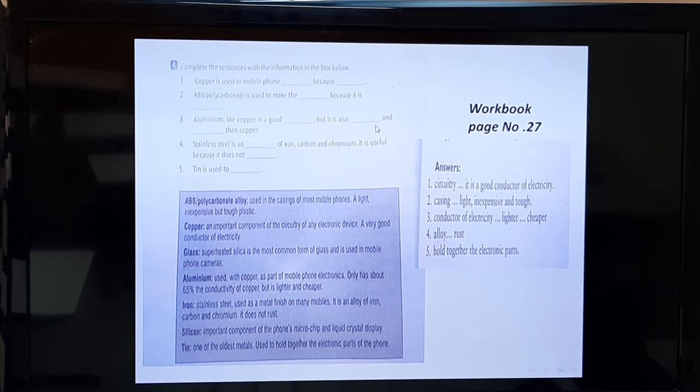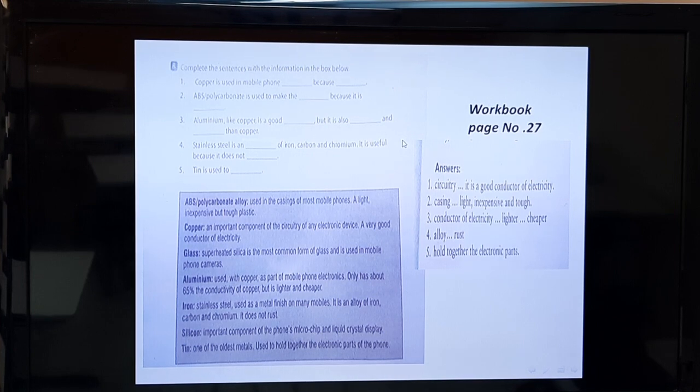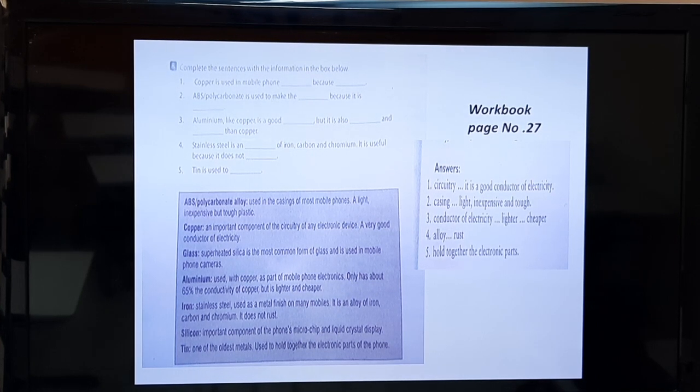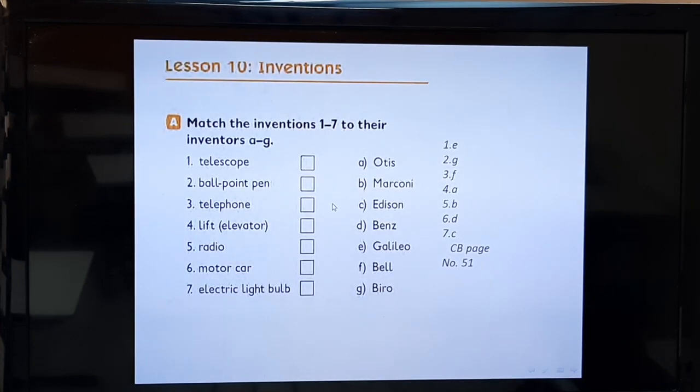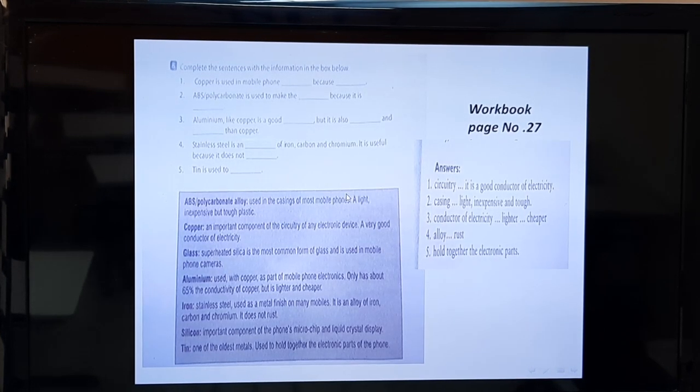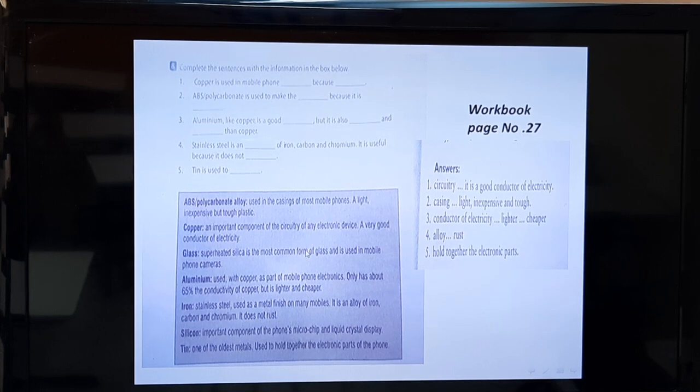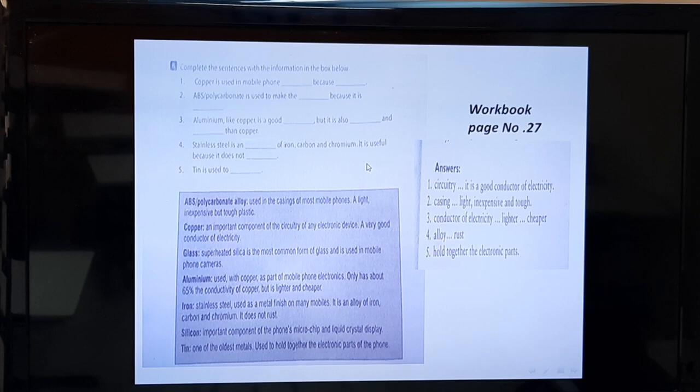These materials are used in a mobile phone, so be careful with this information. You have a box with some information about these materials, and these sentences might come as true or false. It's the same information, but with more details about these materials. This exercise is very important in your workbook, page number 27.